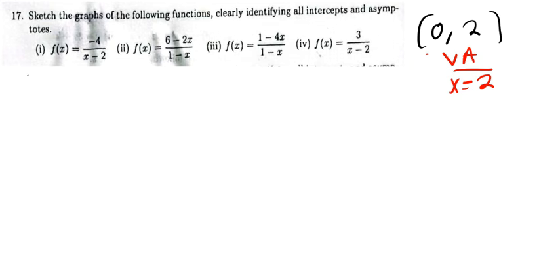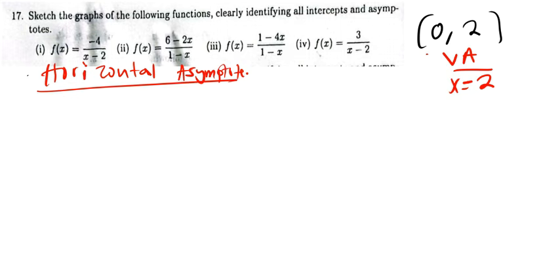Now, the way we find the horizontal asymptote, guys, you check the function. This function which you have here is bottom heavy.